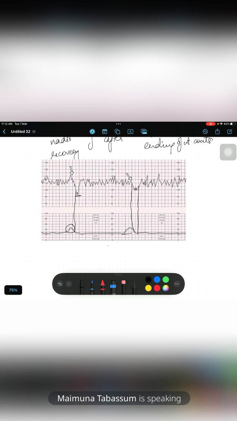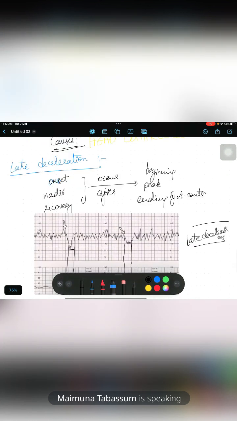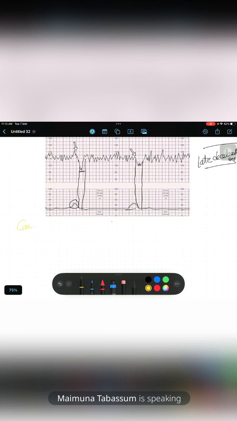So these are known as the late decelerations; they occur after the uterine contraction. What are the causes for late deceleration? The cause is uteroplacental insufficiency.